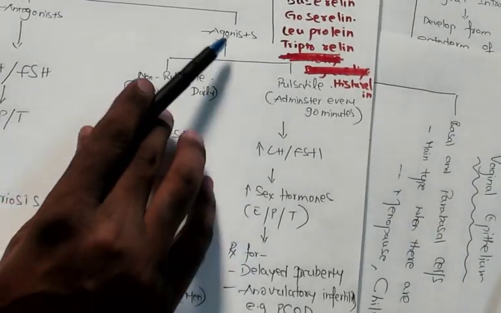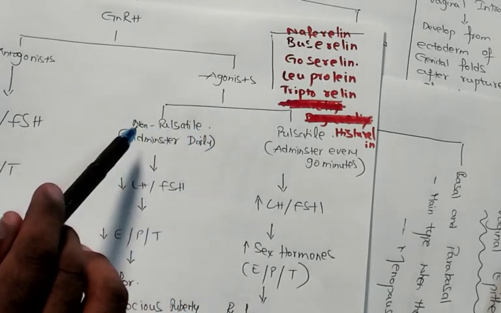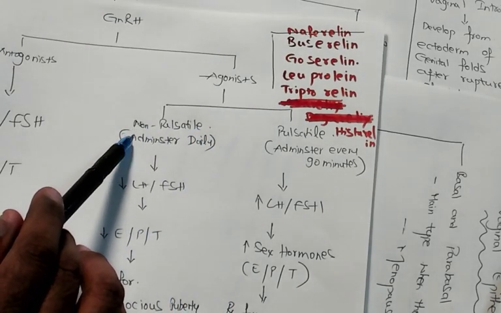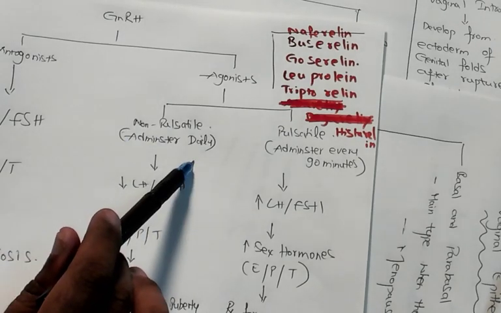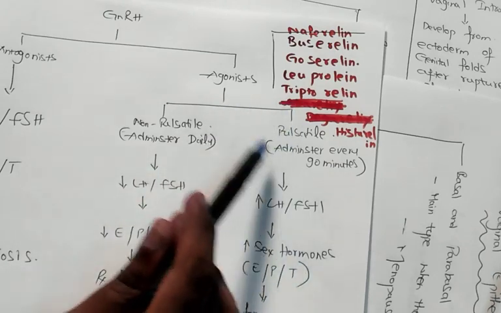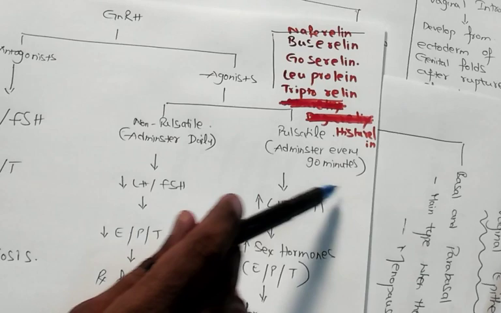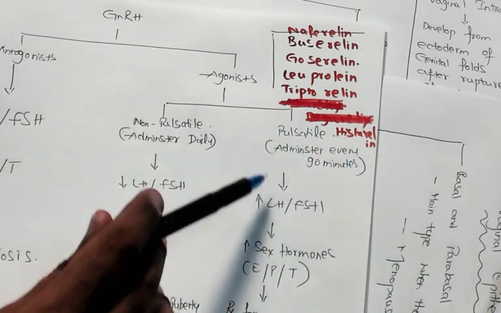Now doctor, what is the story of GnRH agonists? Either you can give them non-pulsatile by administering them daily, or you can give them pulsatile, physiologically, just the way they are produced pulsatile. If you administer every 90 minutes, it is like a pulsatile administration.